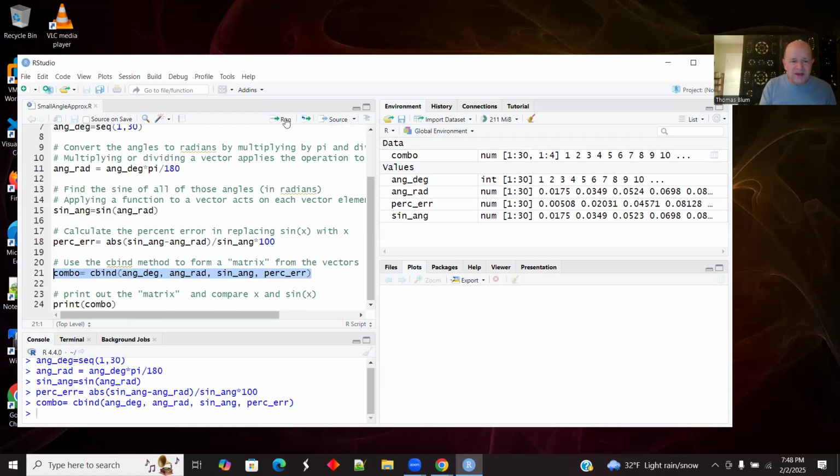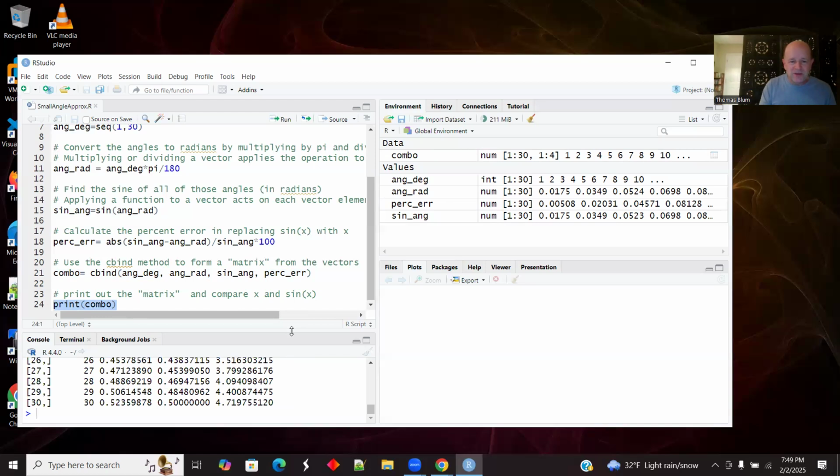So run that. So now I have this combo thing. These were simpler structures, vectors, but this is a somewhat more complicated thing. So they've made a little bit of division over here. Finally, we're just going to print it out, which will put it down in the console.